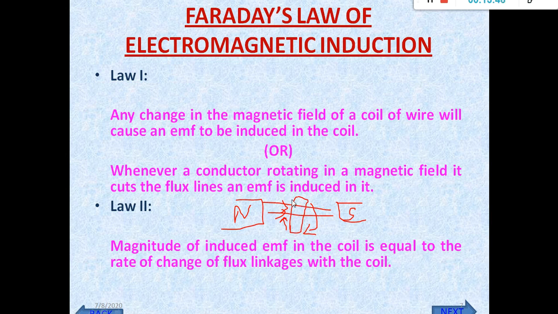That means flux variations, how much amount of flux is cut by the conductor. That is the flux variation, and the induced EMF is proportional to this rate of change of flux linkages.